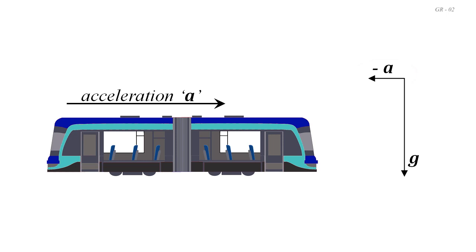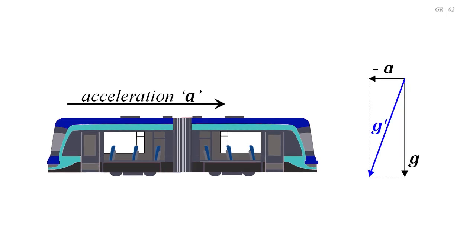Anyway, this minus a seems a bit like an extra gravitational field, because the consequence of adding these two vectors g and a is that inside the accelerating train there seems to be what you might call a new vertical in the direction of g dashed, and the oscillation of the pendulum would take place around this new vertical direction.